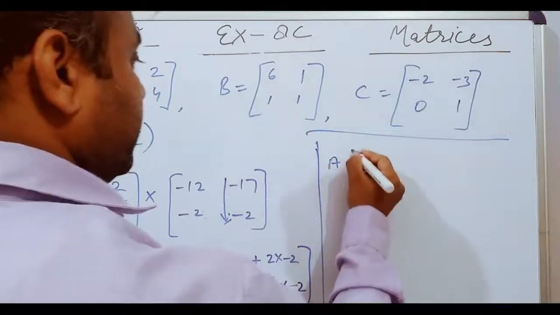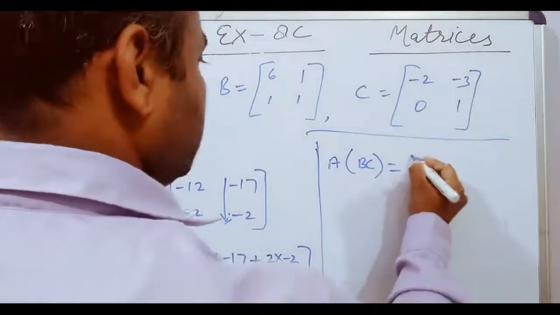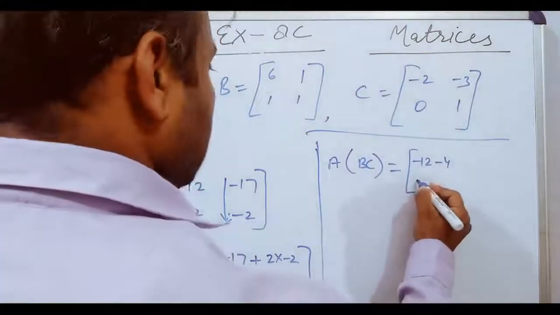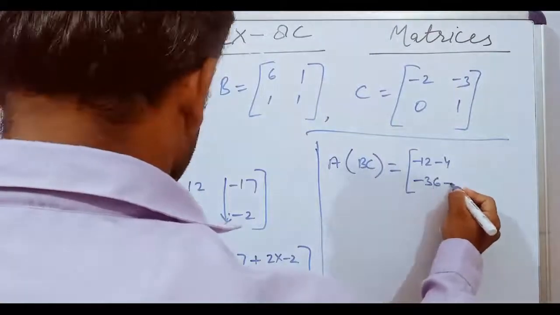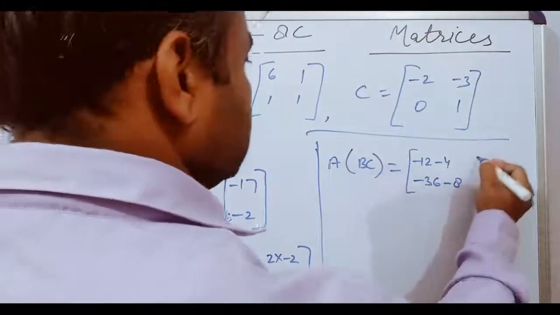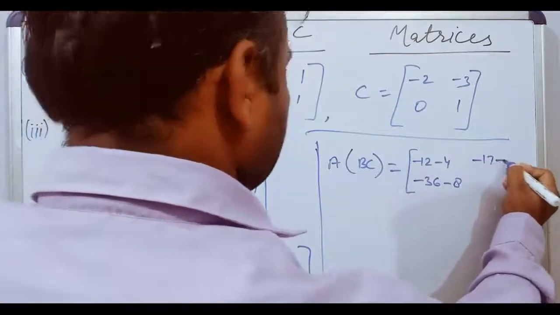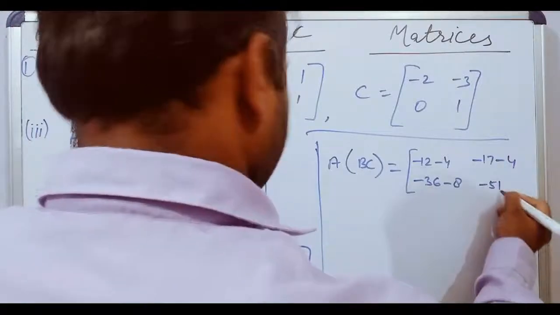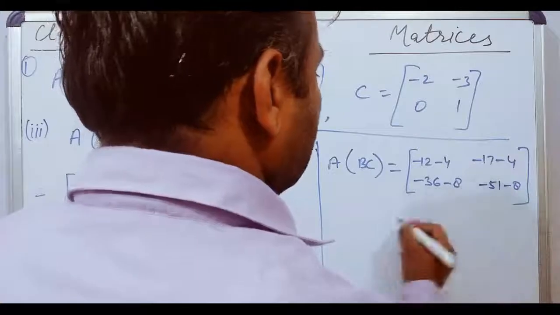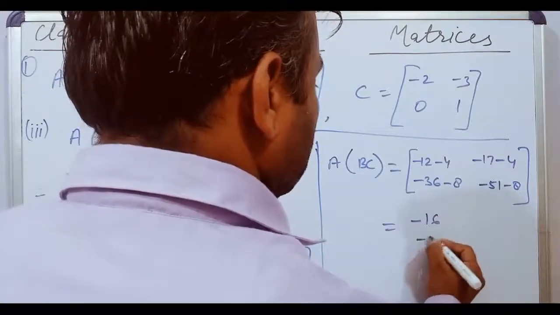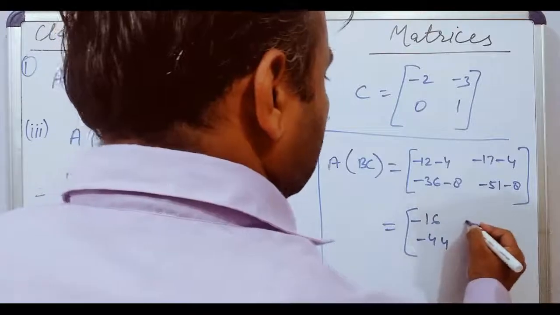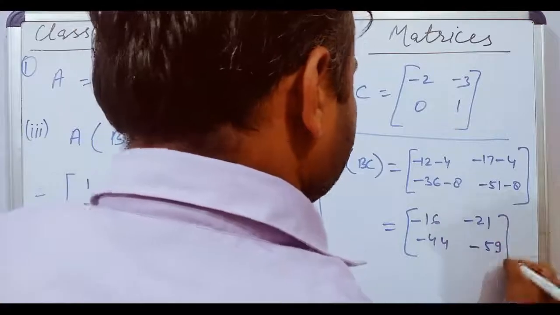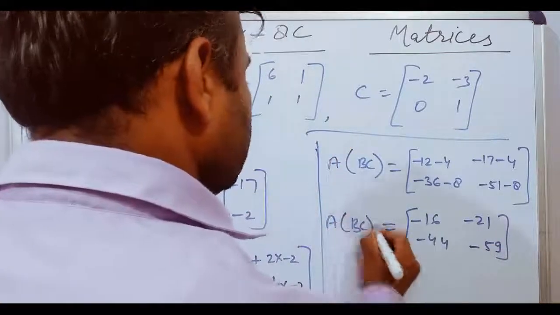So A into BC equals minus 12, minus 17, minus 2, minus 2, and then further, the result is [-16 -21; -44 -59]. This is A into BC equal to this.